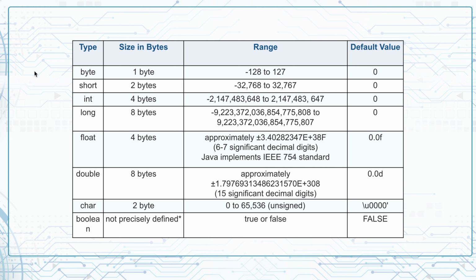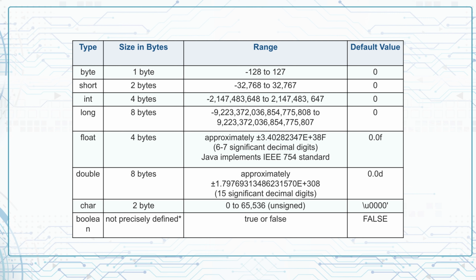So let's say you want to define a variable, and this variable is going to accept only numbers up to 127. It's wise to use byte, not integer, because byte only takes 1 byte from the memory, while integer takes 4 bytes. This will have a good impact on your project performance.